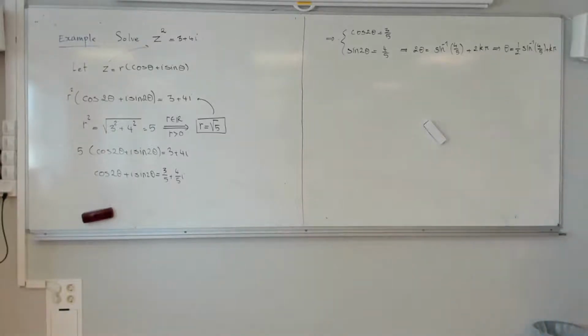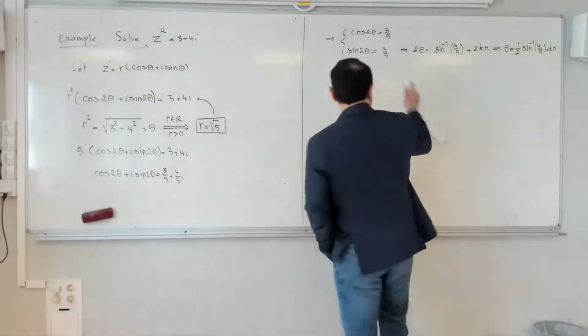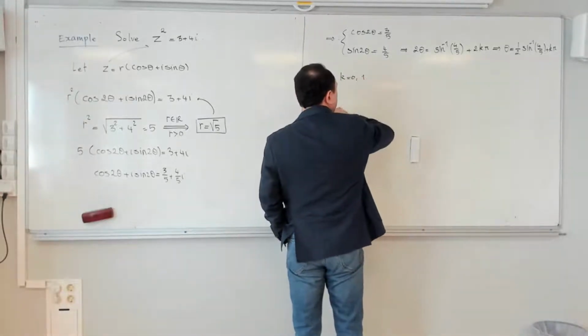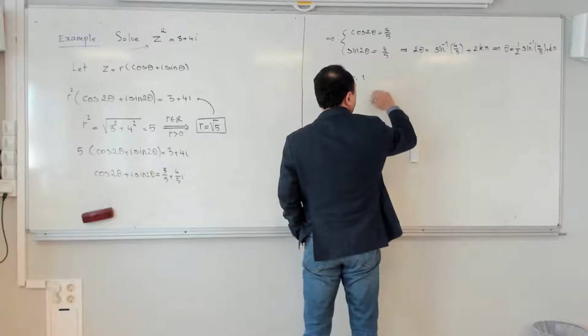Okay? And of course, how many values are there for k? Because here it is the second root. By that rule of thumb, you know that k should be either 0 or 1. So it means that I have 2 values, yes?